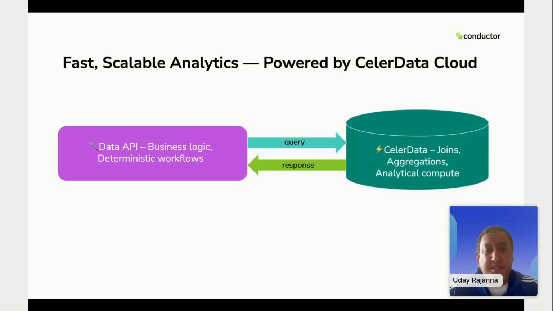This is CelerData's Bring Your Own Cloud, under which we use the StarRocks query engine, is really critical to make sure we can run these analytics at scale for the enormous volume of data we have across SERPs, AI search, page level data.